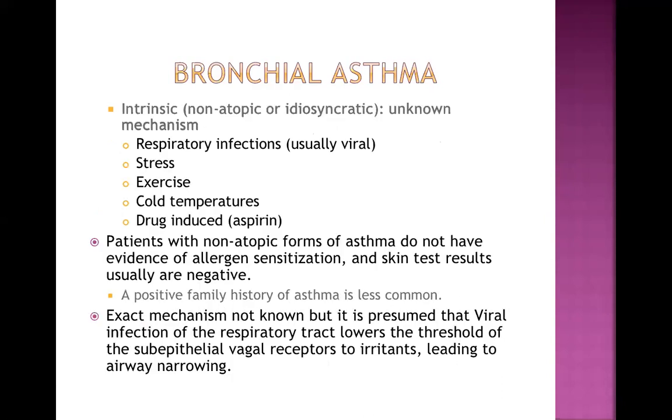Now, the other variety of bronchial asthma is non-atopic, or intrinsic, or idiosyncratic asthma. I already told you the exact mechanism at the molecular level is unknown, but we have certain hypotheses or presumptions. One cause of intrinsic asthma may be viral infection of the respiratory tract.